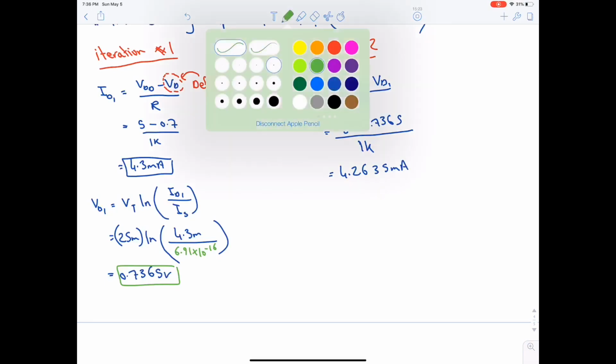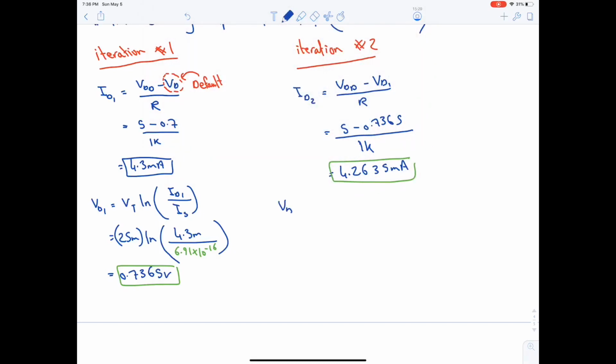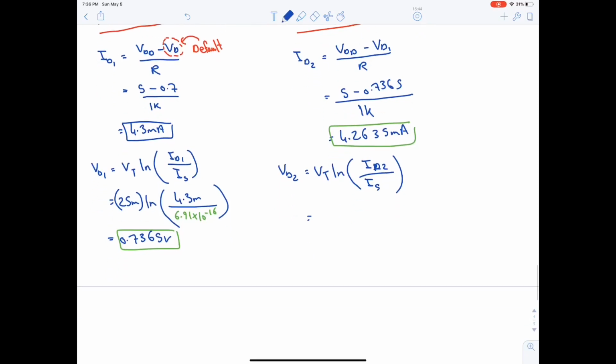Now finding VD2, it will be equal to VT ln ID2 divided by IS. VT is again 25 milli. Then ID2 is equal to 4.2635 milli divided by 6.91 times 10 to the power of minus 16. This will give us 0.7363 volt.